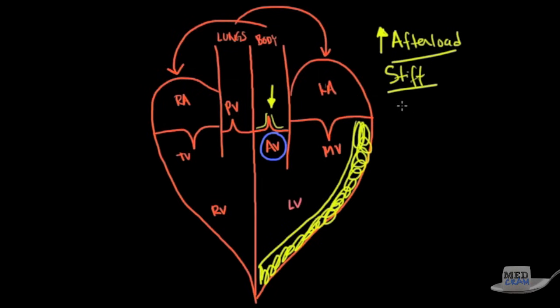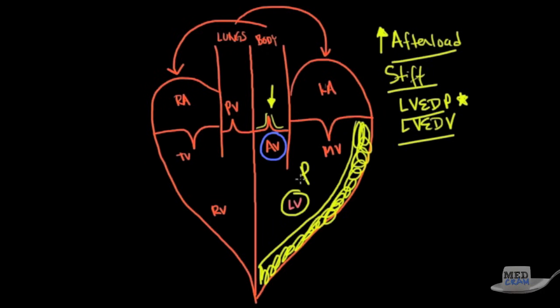As a result of that, left ventricular end diastolic pressure and left ventricular end diastolic volume increase, but specifically the pressure goes up. Left ventricular end diastolic pressure simply means the pressure in the left ventricle right before it contracts.